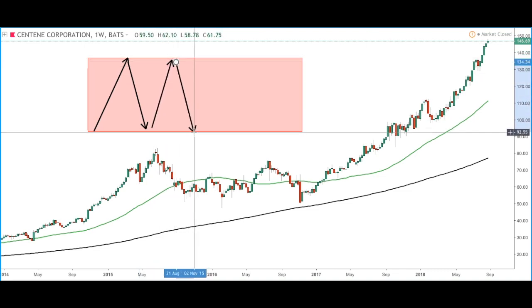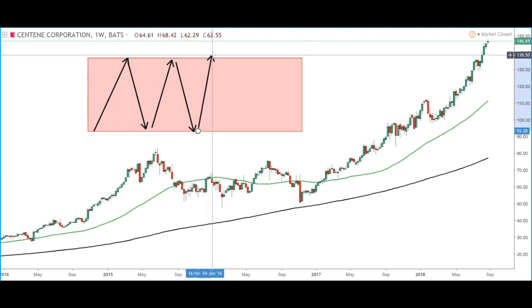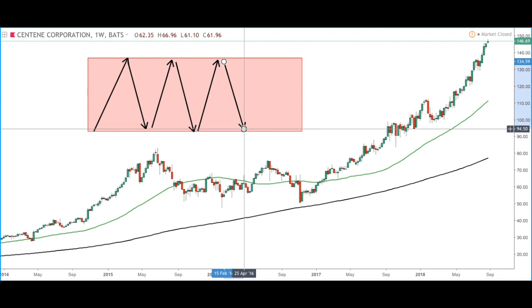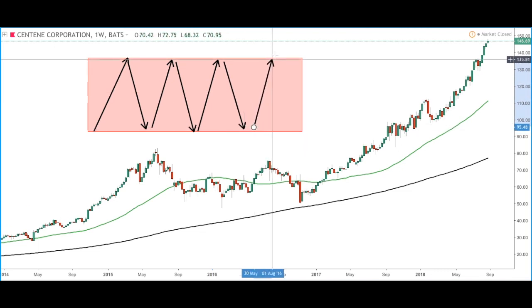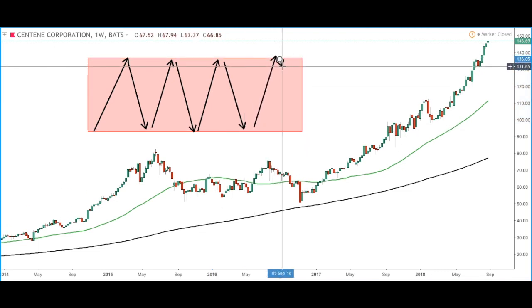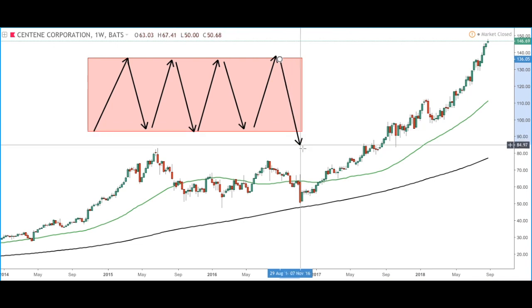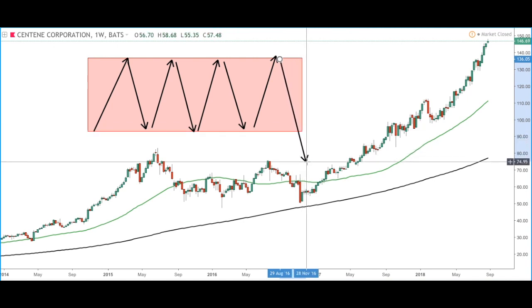It cannot break below and it cannot break above. So when we have this range or this sideways movement, this is what we are considering a consolidation. For price to essentially break out of this consolidation, we would need price to break, in this case, below the range or the box and continue to the downside.